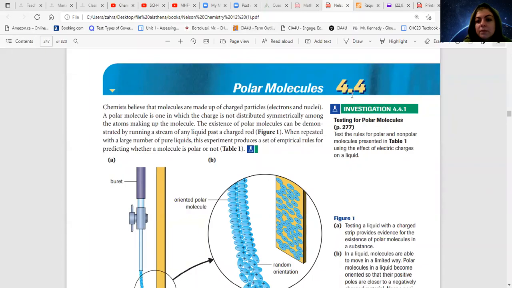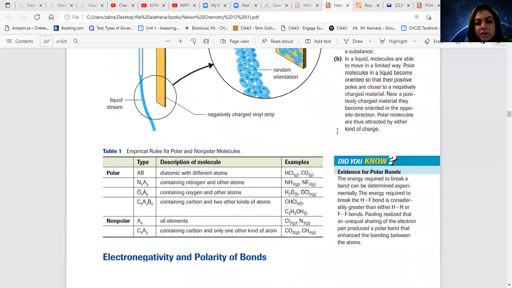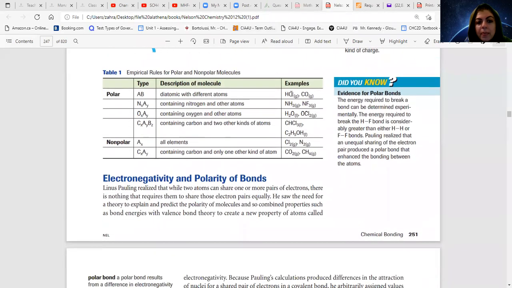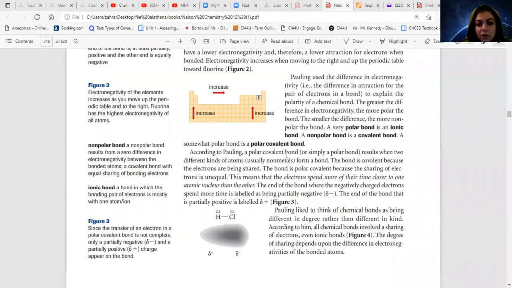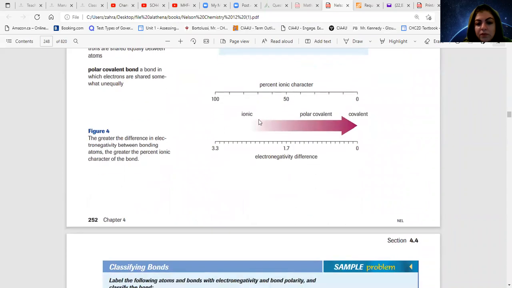Polar molecules 4.4. When I say what is a polar molecule, take HCl. If you have a diatomic HCl, we need to look at the difference between the electronegativity. I'm going to go to the table.